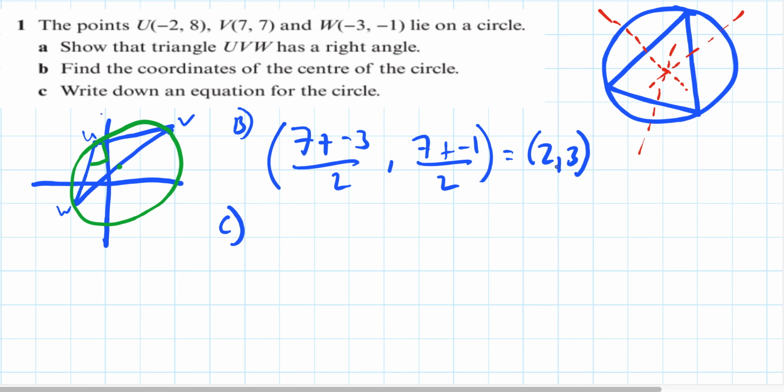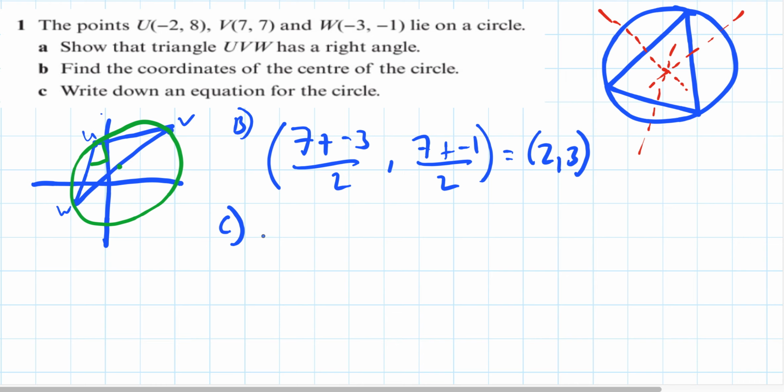For the radius, we could just work out the distance from the center to V.